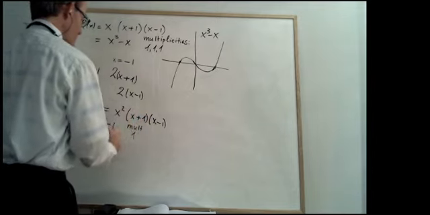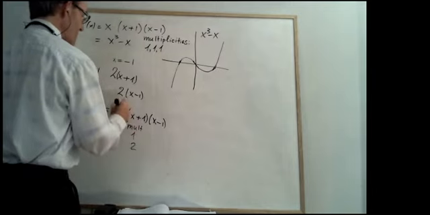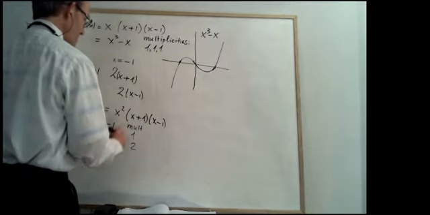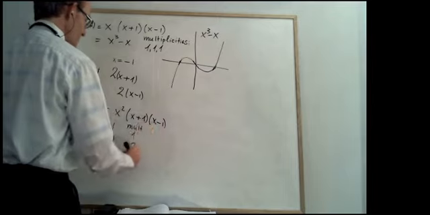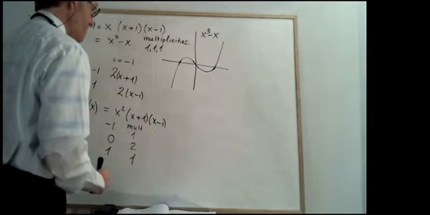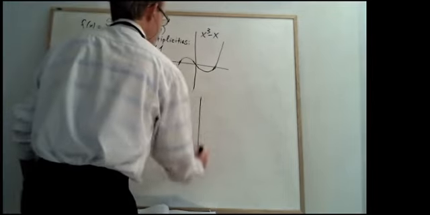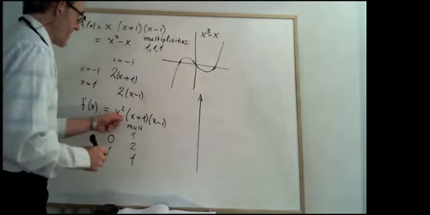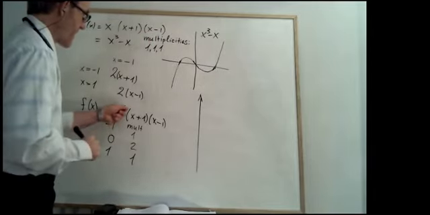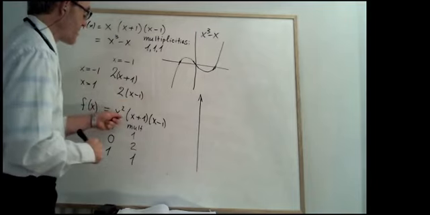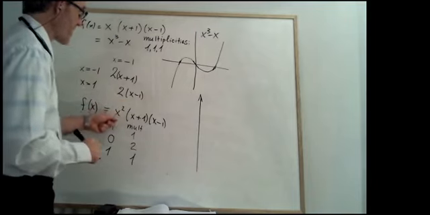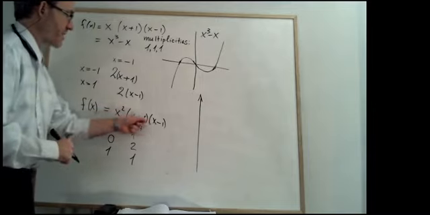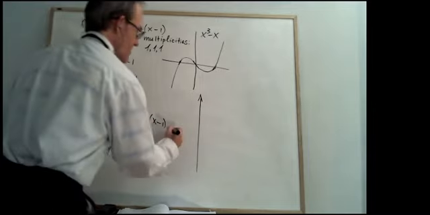For x equals 0, multiplicity is 2 now because the power is 2. And for x equals 1, multiplicity is again 1. So this is true in general: each graph near the root looks like that power law. So this will look like a quadratic. These will look linear, close to those roots.